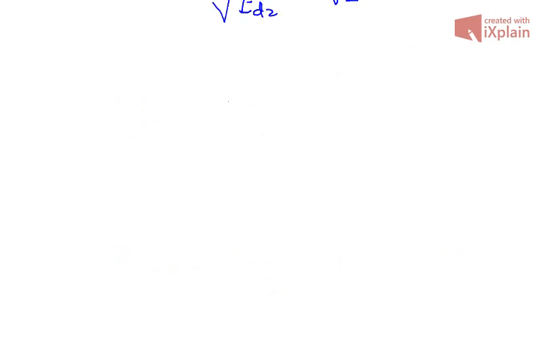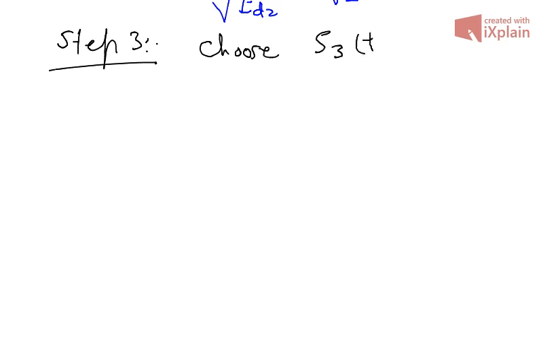Let's move to step number 3, and in step 3, what we do is choose the third signal, S3 of t.